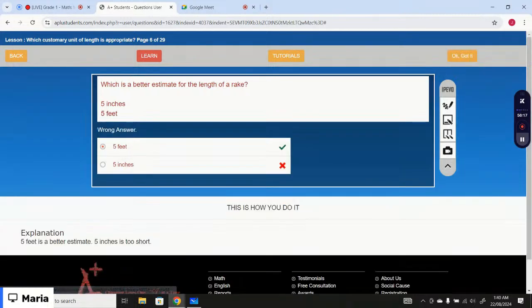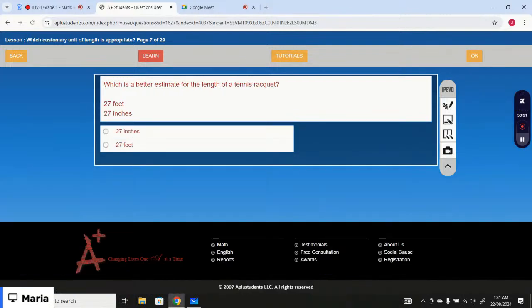Option number 2 is the correct option. No, 5 feet. 5 inches is too short. Sorry. Which is the better estimate for the length of a tennis racket?